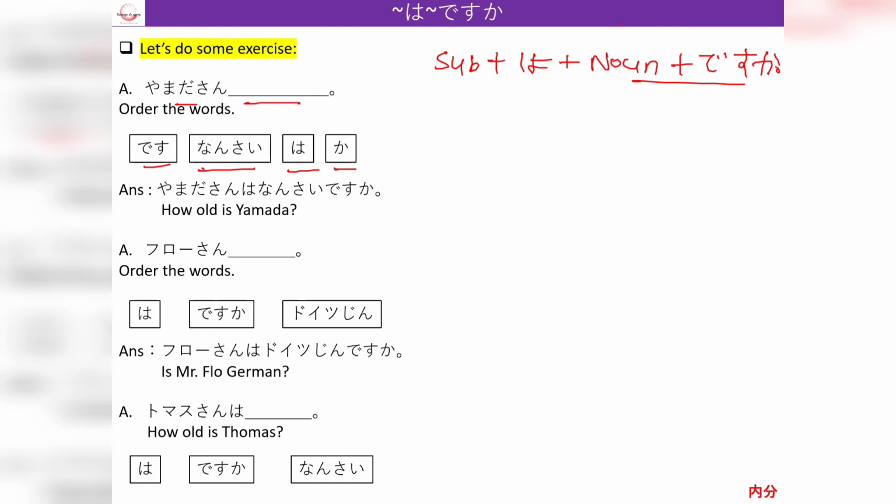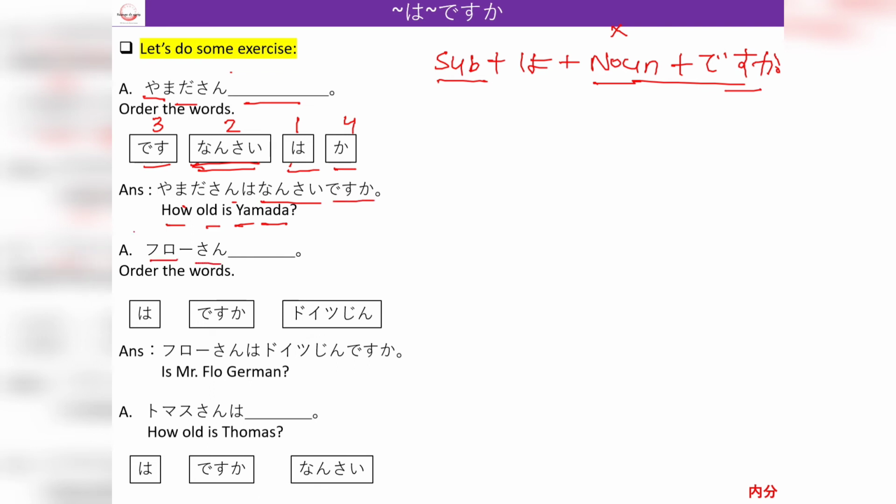Here we don't have any noun, and in place of that we have nansai, and our translation would be: how old is Yamada? Then how will we rearrange it: the subject is Yamada-san, after that we use the wa particle, then in place of the noun we have the question word nansai, then desu ka. So: Yamada-san wa nansai desu ka.